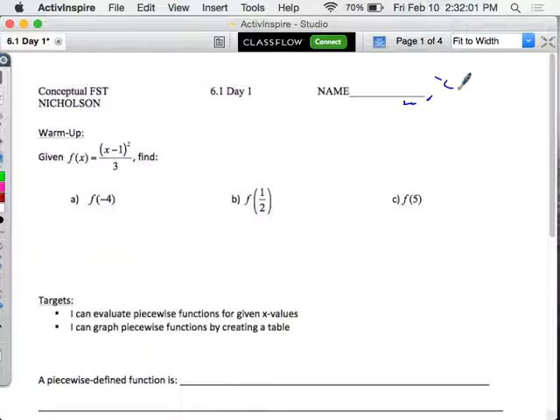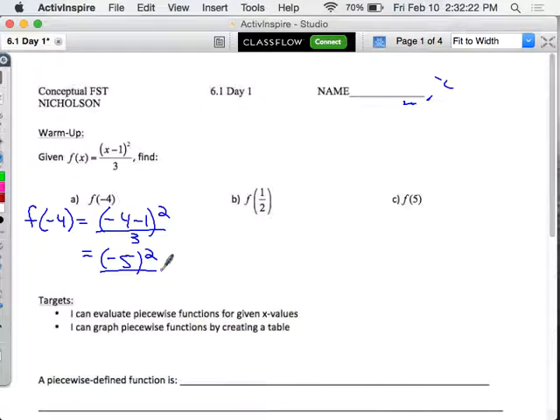So f of negative 4, plug in negative 4 for x. So f of negative 4 equals (negative 4 minus 1) squared over 3. Negative 4 minus 1 is negative 5, so we have negative 5 squared over 3.